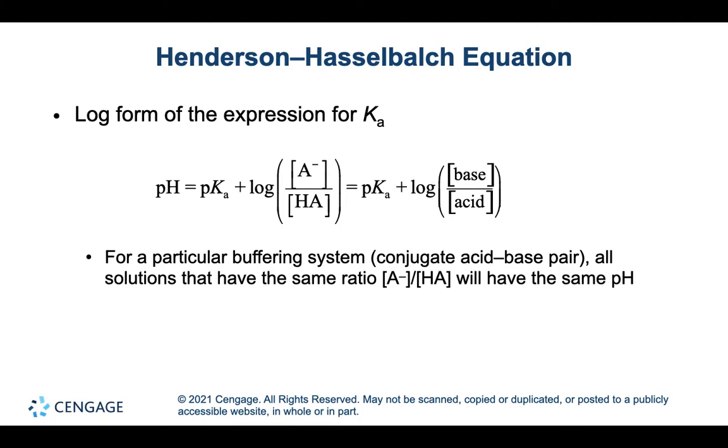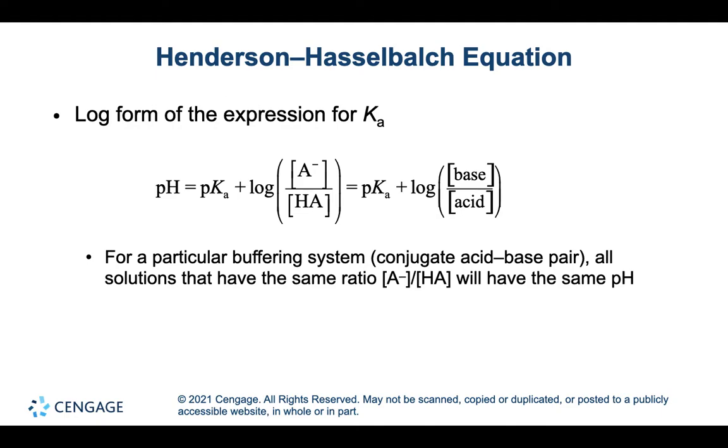However, if your conjugate base and weak acid ratio is not 1, then there will be a slight change to that pH, but it's always slight. It's up 0.1, down 0.1, something like that.